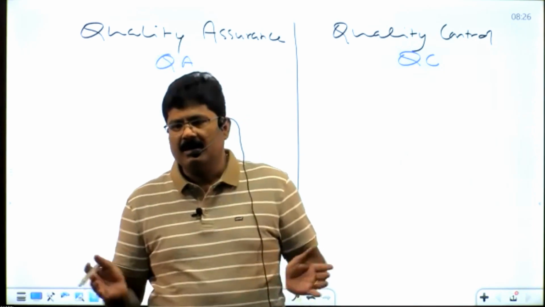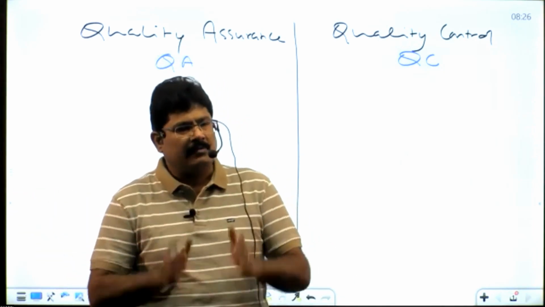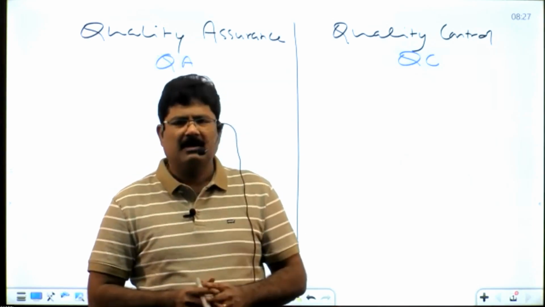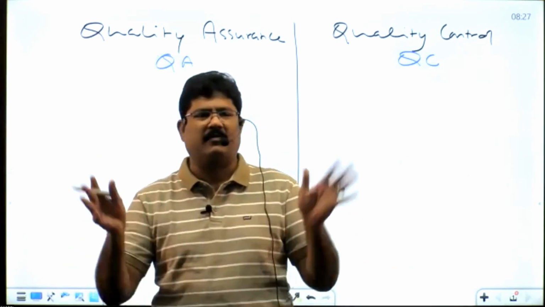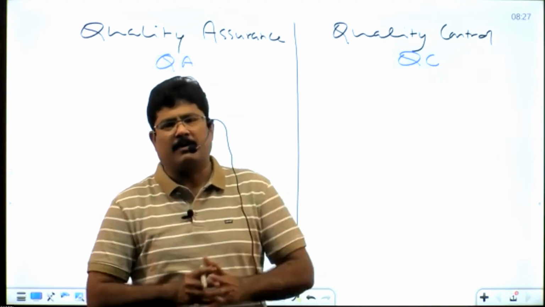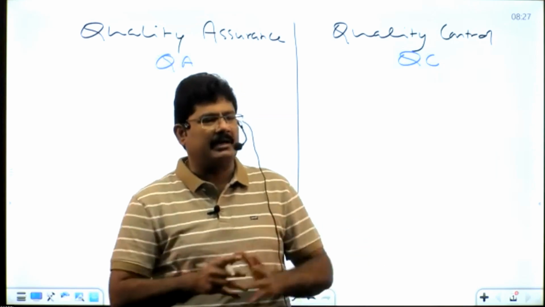In the same way, with thousands of people working in a big MNC software company, if there is no process set up and no rules defined, different people will write the code in different formats, and different people will test the application in different formats. To avoid that, these are the guidelines we have to follow for documenting the requirement. These are the guidelines we have to follow for making a design.